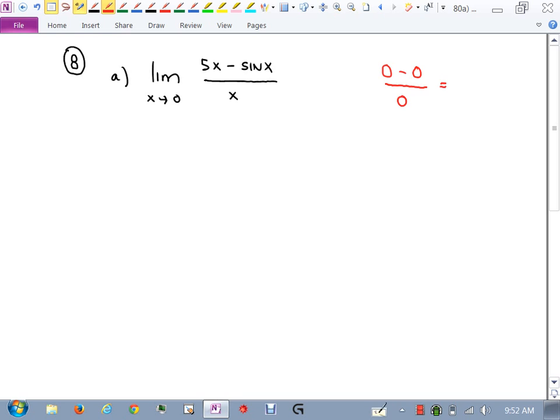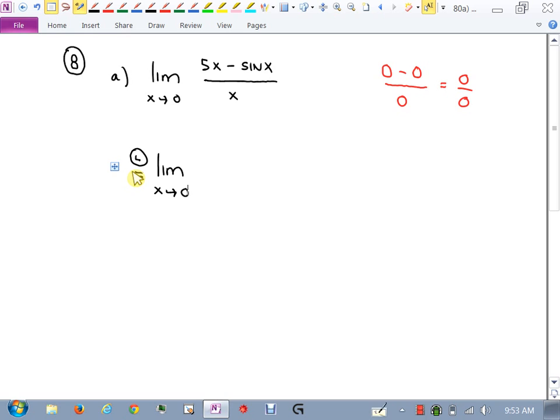So I get 0 over 0, and 0 over 0 is what you need to use L'Hopital's rule, right? That or infinity over infinity. Those are the only two ways you can use it. So I'm allowed to apply L'Hopital's rule, so I put my little equals, my L or my H, whatever you prefer, and rewrite the limit. This just lets everyone know that you're using L'Hopital's rule.